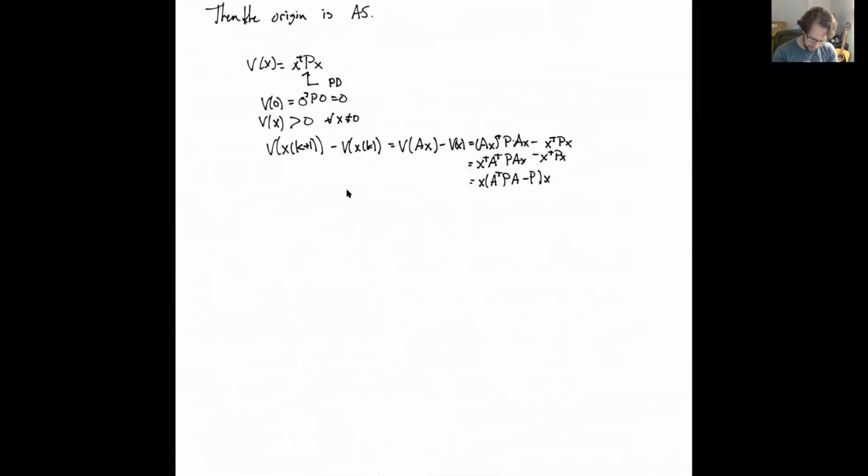So coming back over here, we know that this will be equal to negative x transpose Q x, which is less than or equal to negative minimum eigenvalue of Q times the norm of x squared.